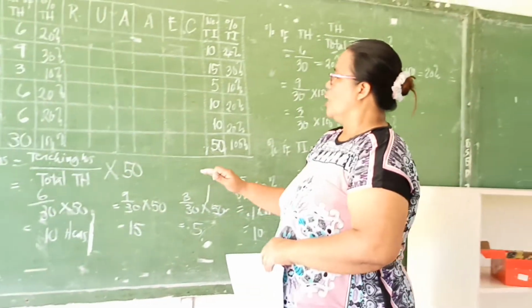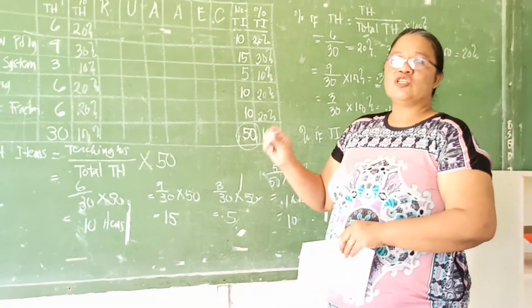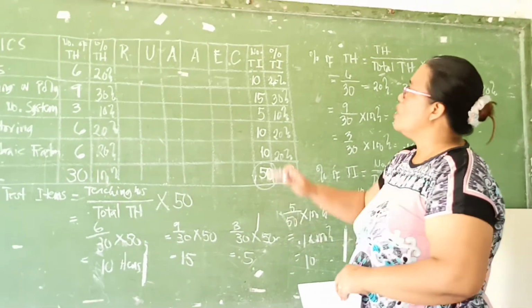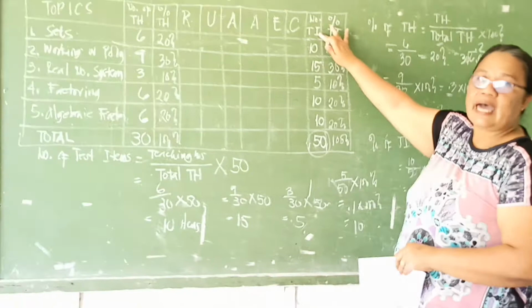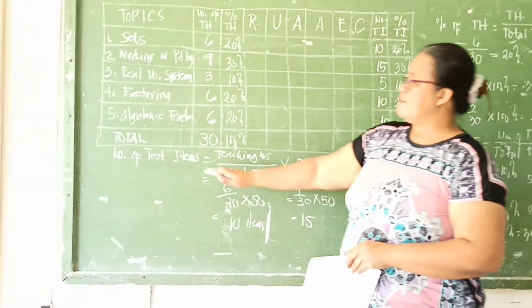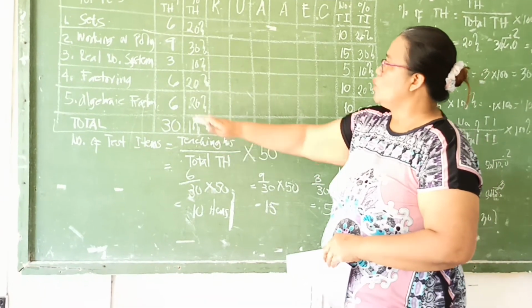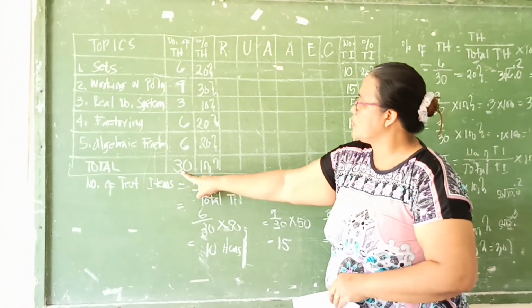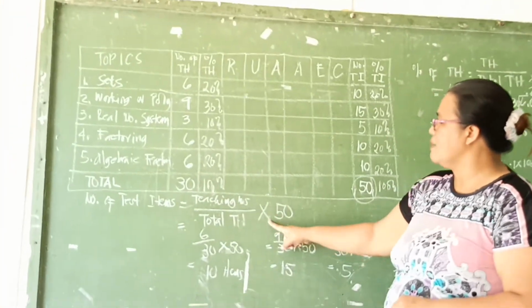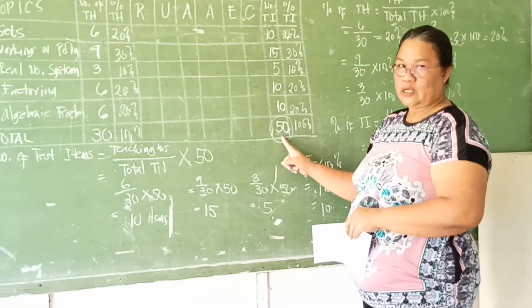And after that, you must decide how many items you shall include in your test so you can determine the number of test items. The number of test items is equal to the teaching hours divided by the total number of teaching hours times the number of items that you decide to include.